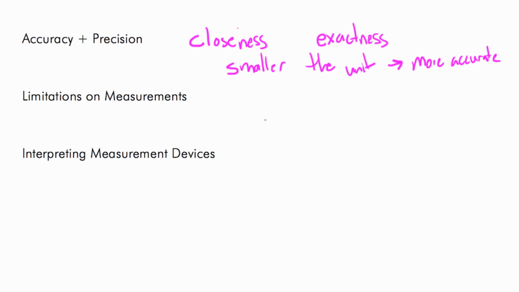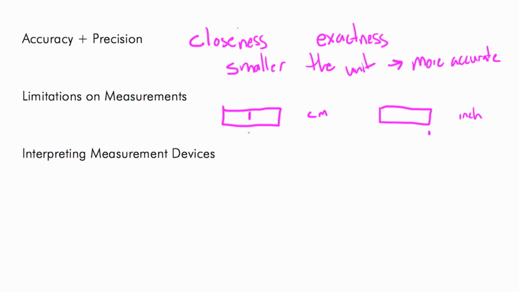Limitations on measurements has to do with a centimeter ruler only gets me down to the centimeter, and an inch ruler only gets me down to the inch. So if this is 1 inch, the only way that I can really accurately talk about whatever I'm measuring is to the inch.